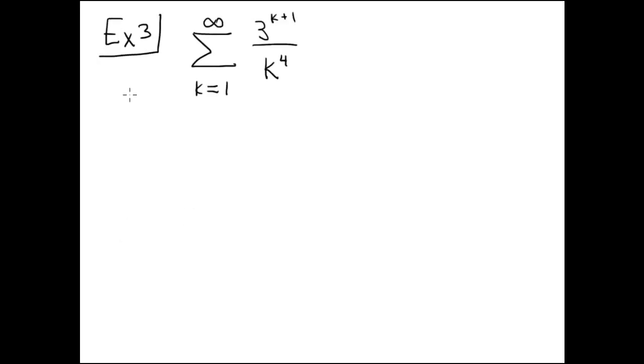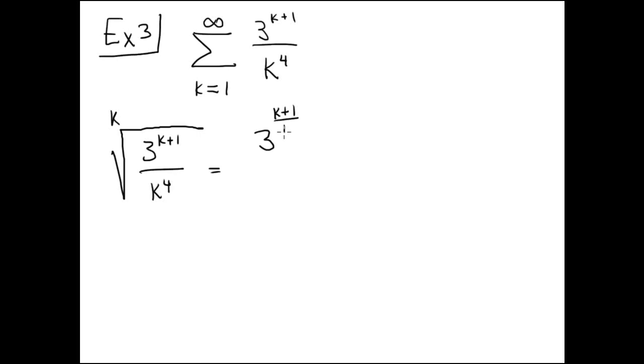Okay, another example of the root test. Let's compute the k-th root of (3k plus 1) divided by k to the 4th power. This is equivalent to saying (3k plus 1) to the 1 over k, divided by k raised to the 4 over k.